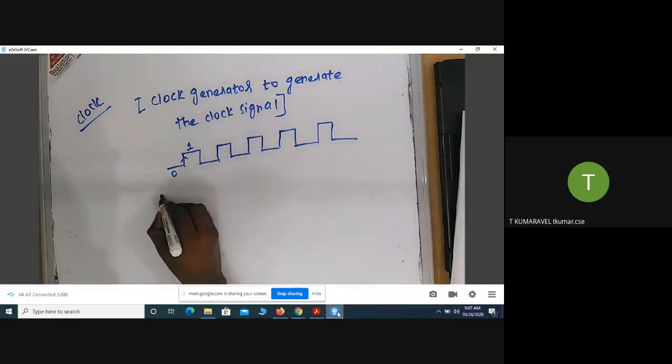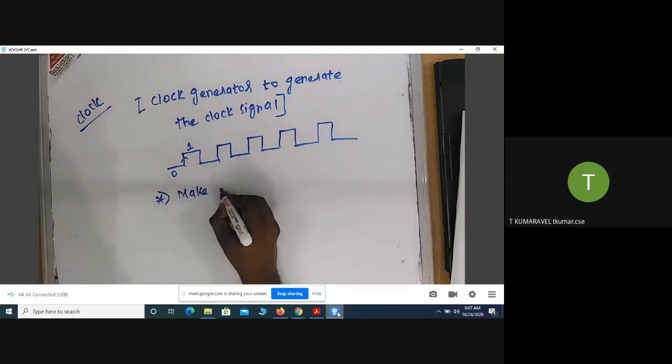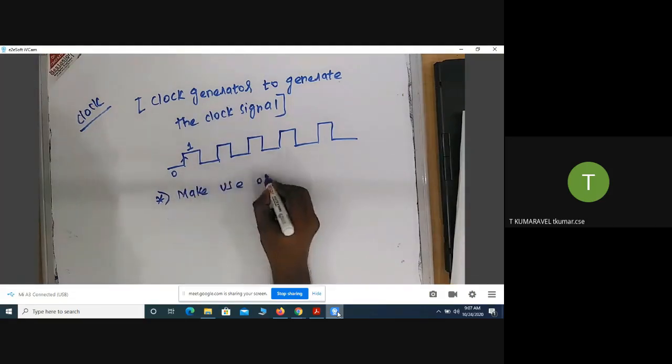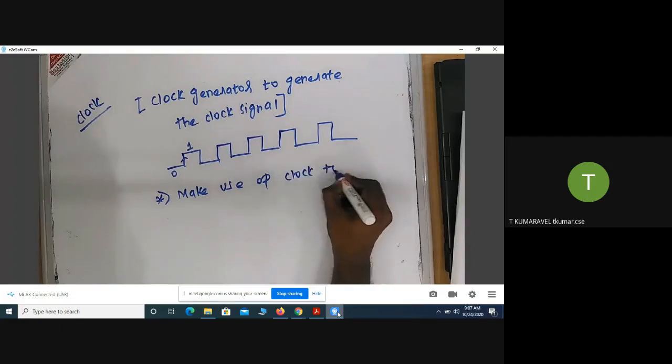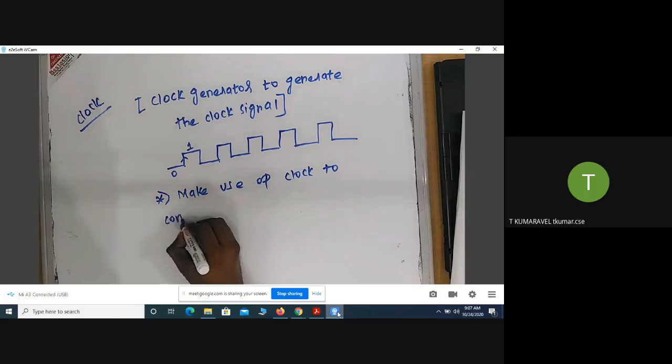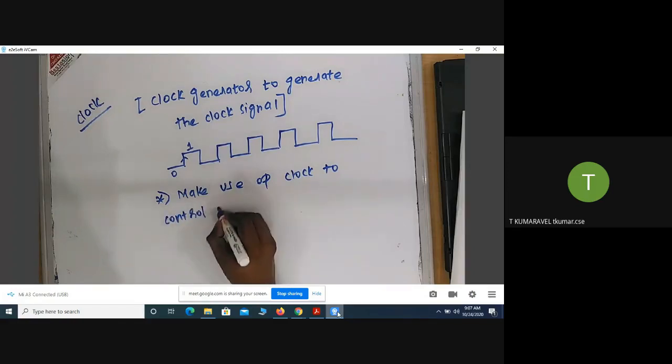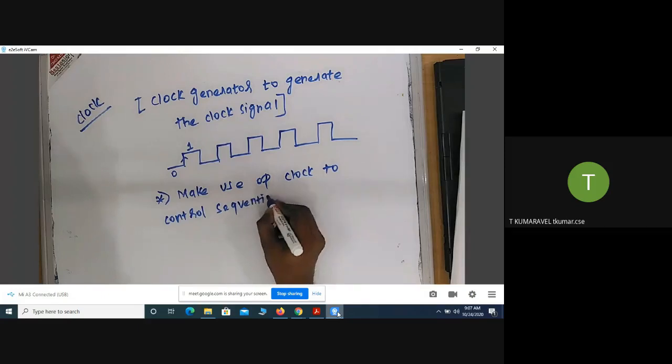What is the use of the clock signal? We make use of the clock signal to control the sequential circuit. That's why we are using the clock signal.